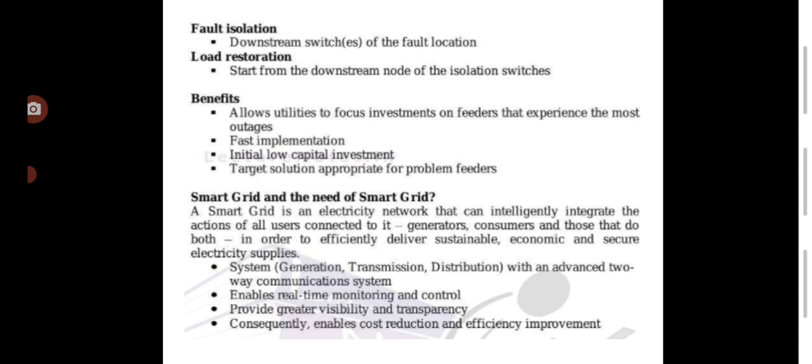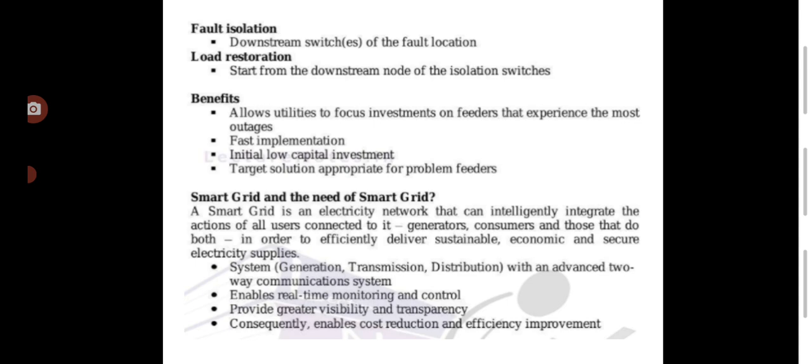So it can interconnect and intelligently act among all users, right? That is the generators, consumers, and those that do both, in order to efficiently deliver sustainable, economic and secure electricity supplies.